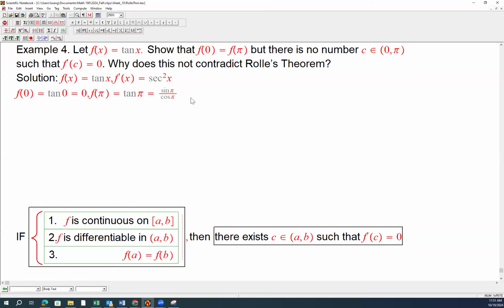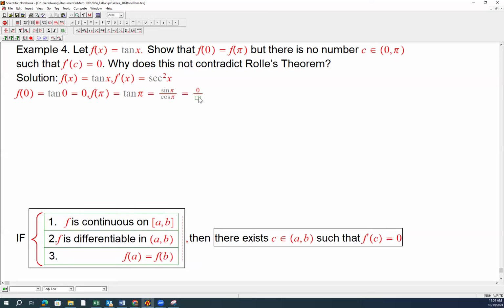Cosine pi is -1 and sine pi is 0, so it's going to be 0. For those of you who are familiar with trigonometry, you know this is true.